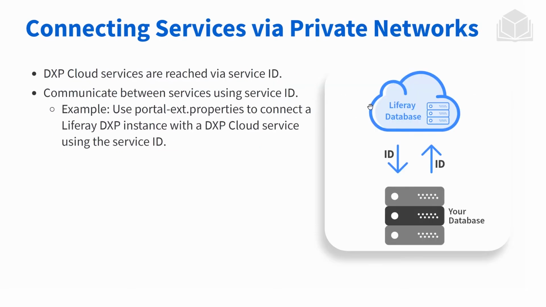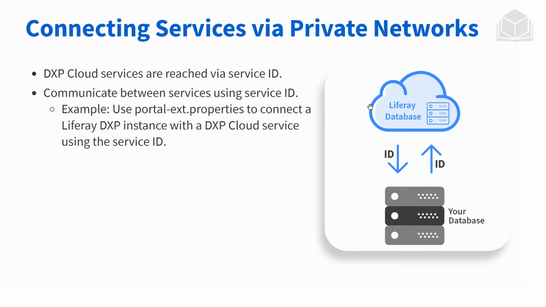Along with VPN, we can connect our DXP Cloud services to other things that we may have. To do so, all we need to do is reference the service ID of the specific DXP Cloud service. Let's say, for example, we have the DXP Cloud database service, and I want to connect that to a Liferay instance outside of DXP Cloud.